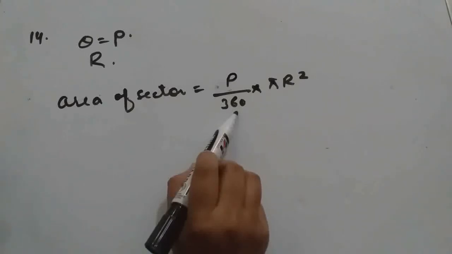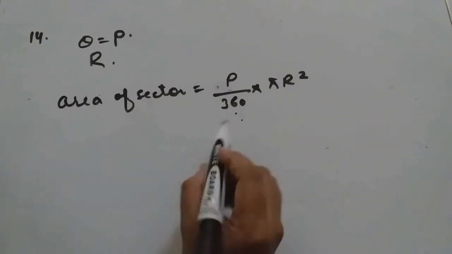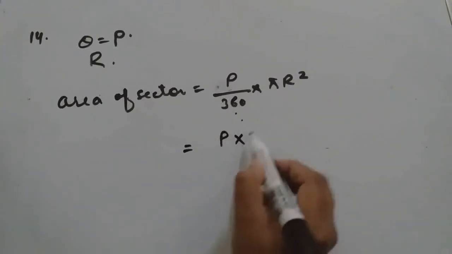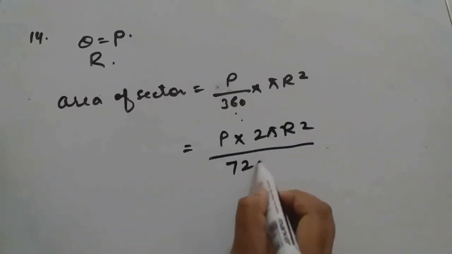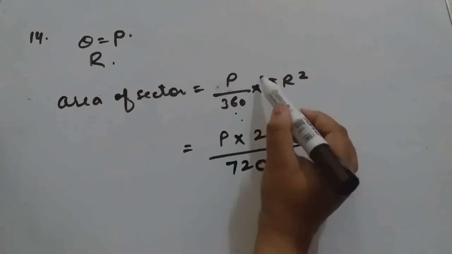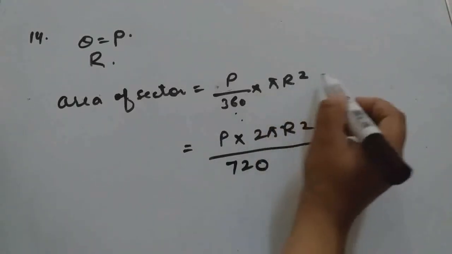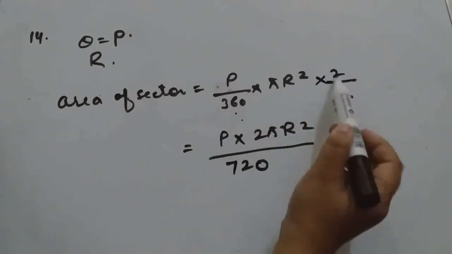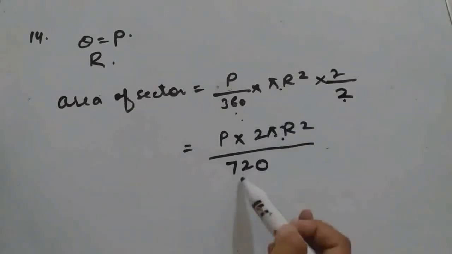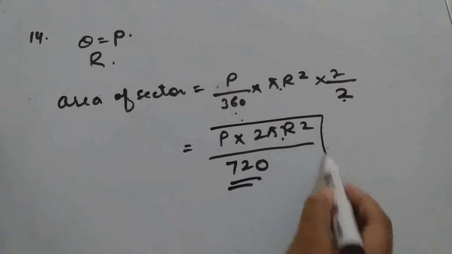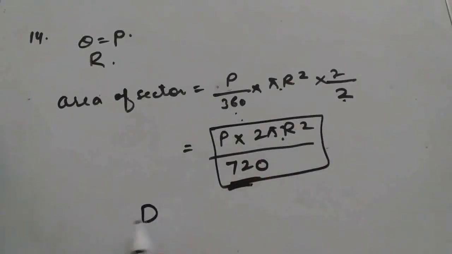From A to D this option is not given. So but one option is given, 2 pi r square divided by 720. See, if you divide and multiply with 2 here, so 2 will come with pi r square and this 360 into 2 is 720. So this option can be the answer, which is option D.